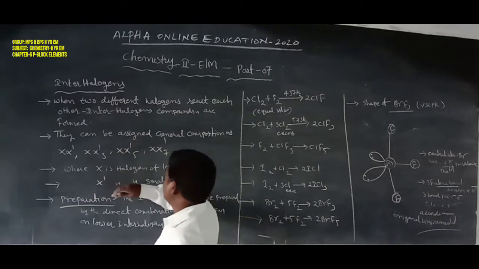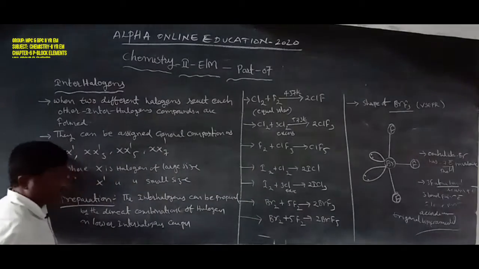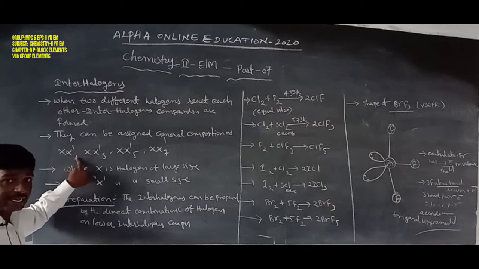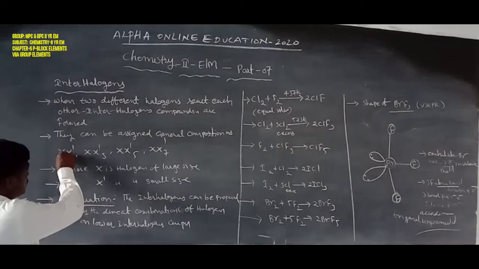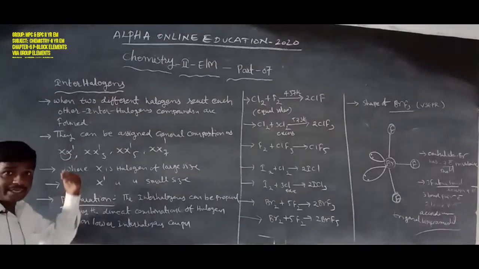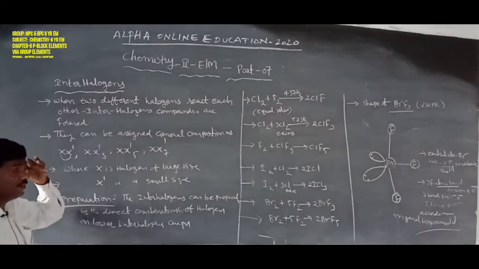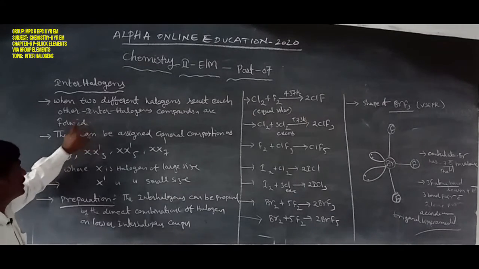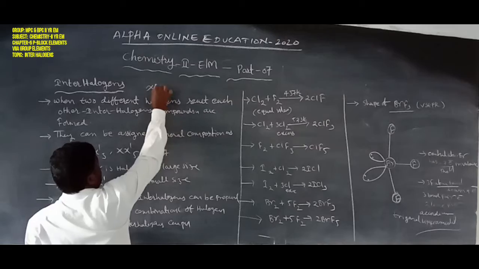For example, here X is a halogen element, and X dash is also a halogen element. Here the 2 is the binary compound combining with each other to form an interhalogen, which is written XX dash.